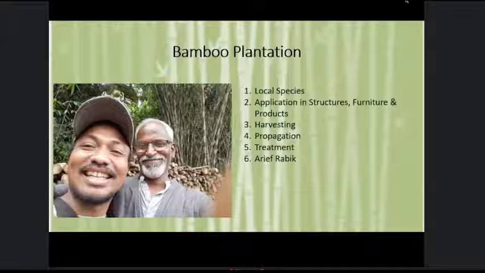So we went through the local species available, then application of those species, the structures, furniture, and products, how to harvest bamboo, how to recognize the age of bamboo.